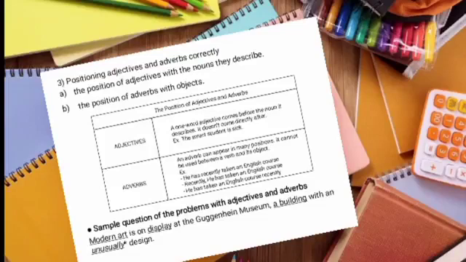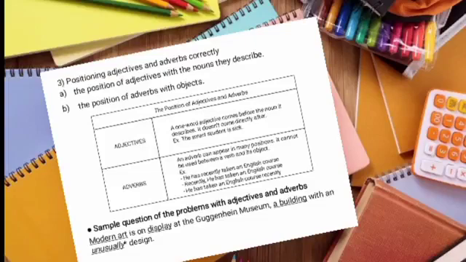Look at the sample question below. That is the sample question of the problems with adjectives and adverbs. Modern art is on display at the Guggenheim Museum, a building with an unusually design. The answer is unusually. Why is it wrong? It is because there is a noun that follows, the word design.